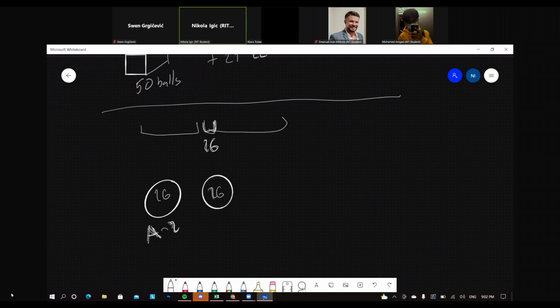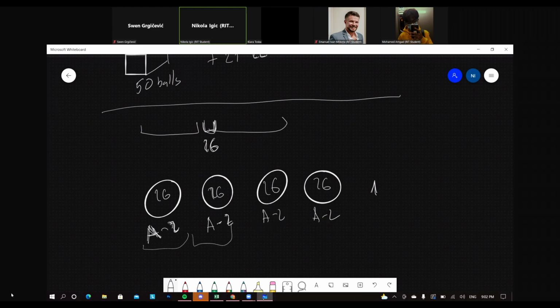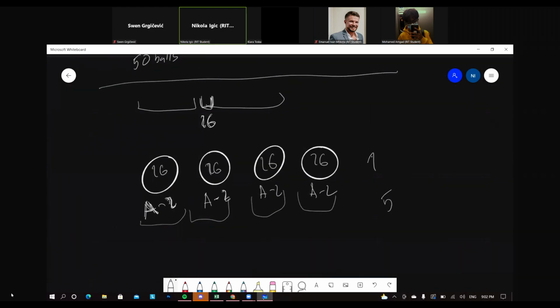Then you put 26 again, and you again have all the letters from A to Z. 26 again, A to Z, all the letters you have. 26, A to Z. And then you have one letter. Because all of these letters got 4 times, any letter that you get in the last place is going to be the 5th time. Do you understand this?